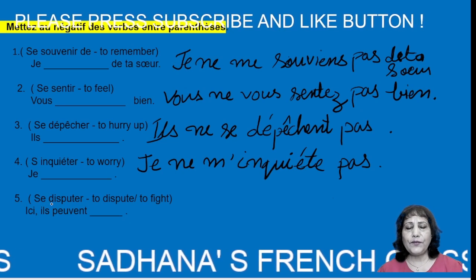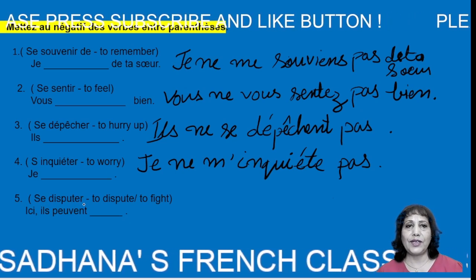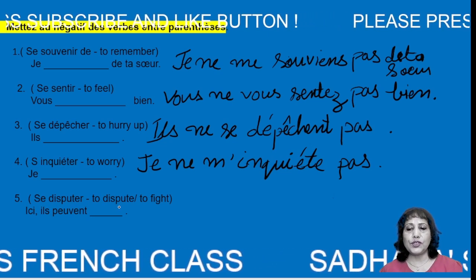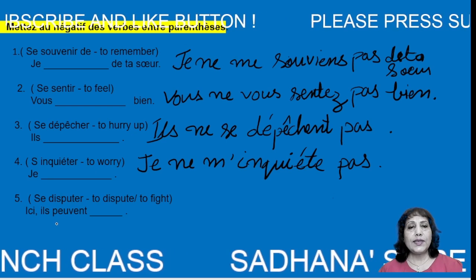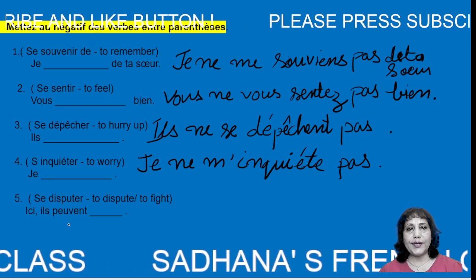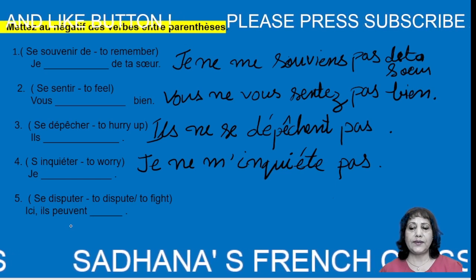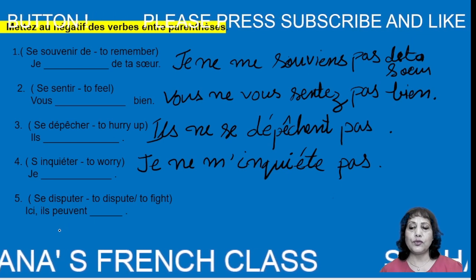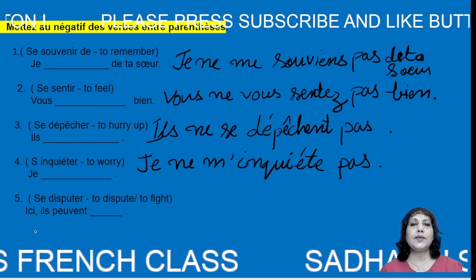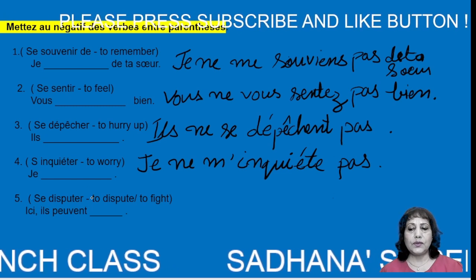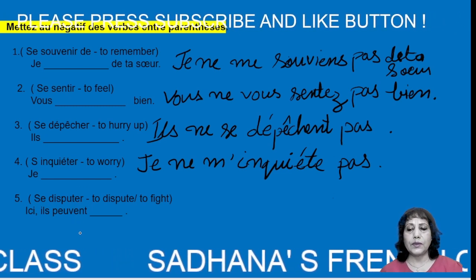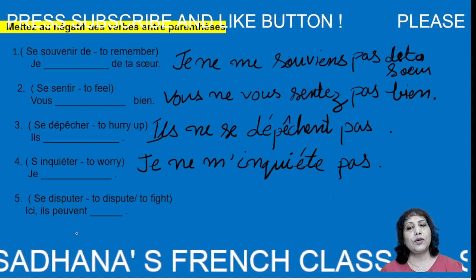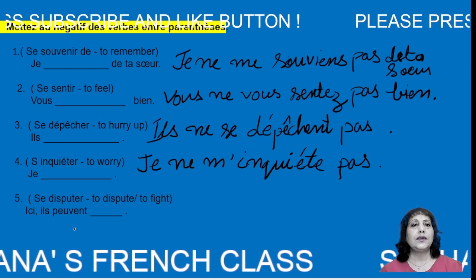Well, this fifth one is a little bit different. We are going to do it differently. If you look at it, the verb is se disputer, to dispute or fight. You can see with the subject pronoun there is already one verb conjugated, and this verb is pouvoir, an irregular verb. It means can or able to. Here it means ils peuvent, they can. When there is more than one verb in a sentence in French, only the first verb is conjugated, not the second or third.